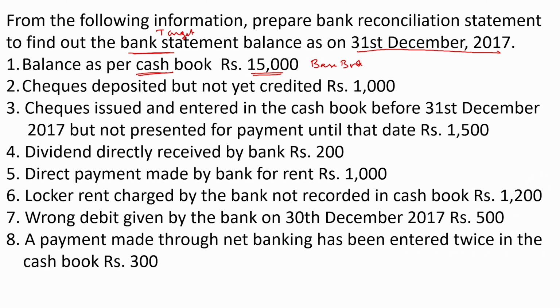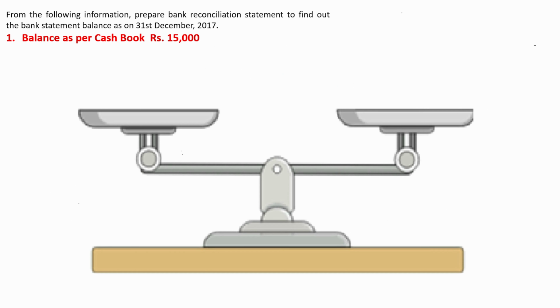What is the importance of this base book? Whatever adjustment has to be made, that is plus or minus, will be done on this base book balance. So we will be adding or subtracting from the cash book balance in the bank reconciliation statement.